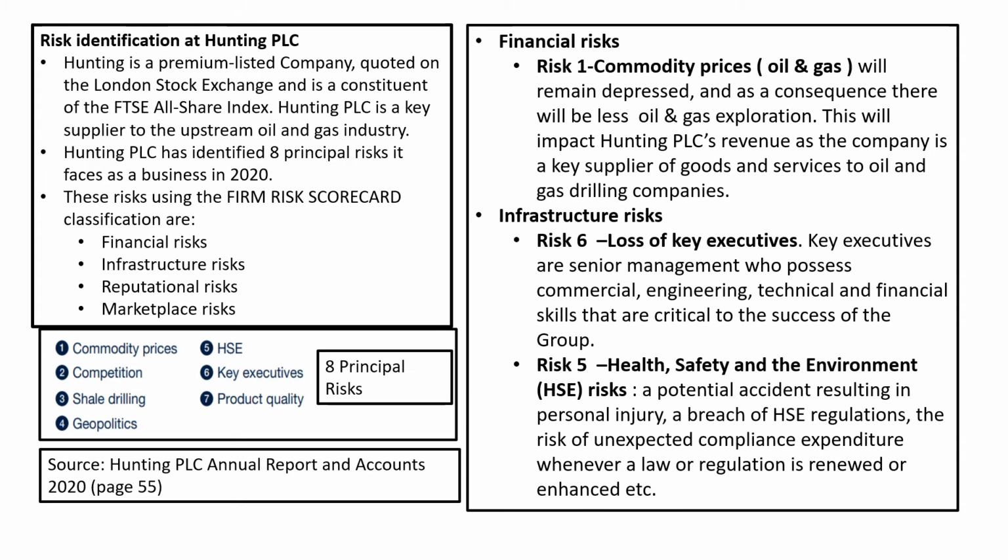Also in this category is risk 5, health, safety and environment, HSE risk. For example, a potential accident resulting in a personal injury, a breach of HSE regulations, the rise of unexpected compliance expenditure whenever law or regulation is renewed or enhanced.